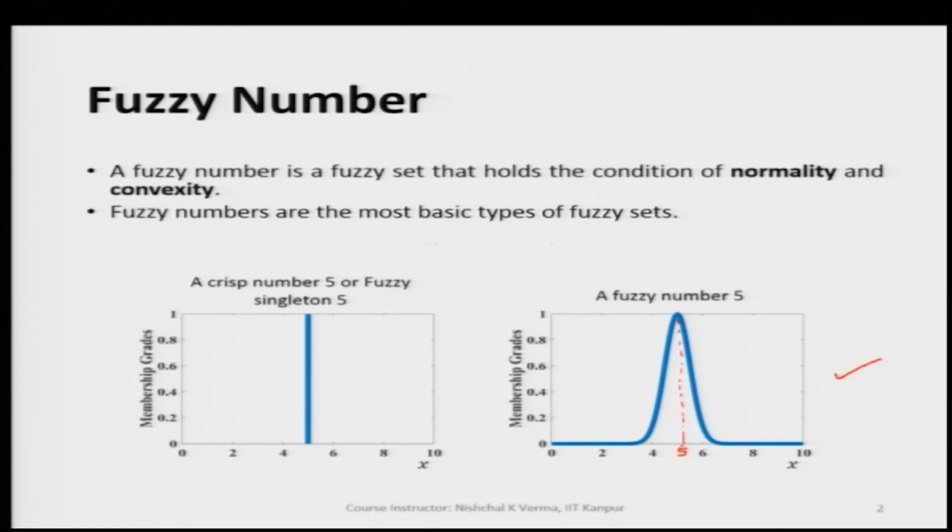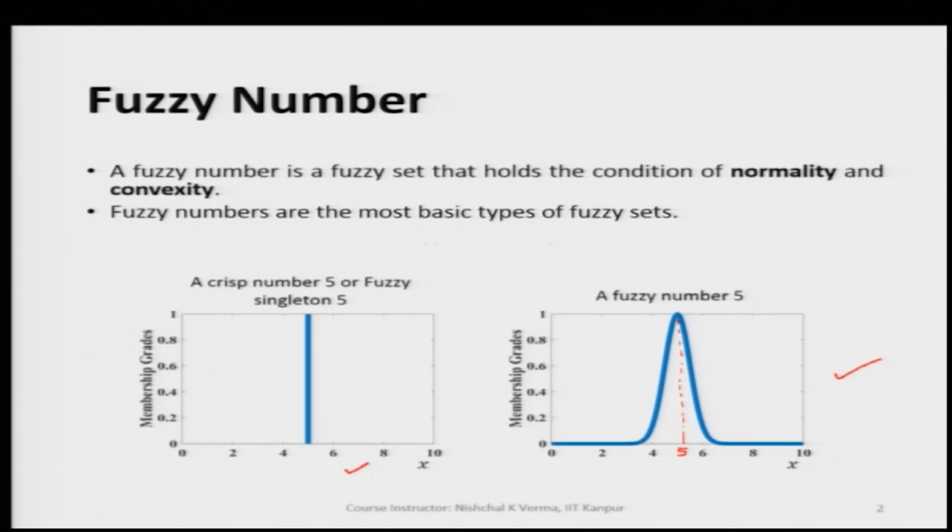If we look at the plot of the fuzzy singleton, we see that at the generic variable x equal to 5 we have only one membership value, that is the highest, that means the core. So, we have only one core at 5.